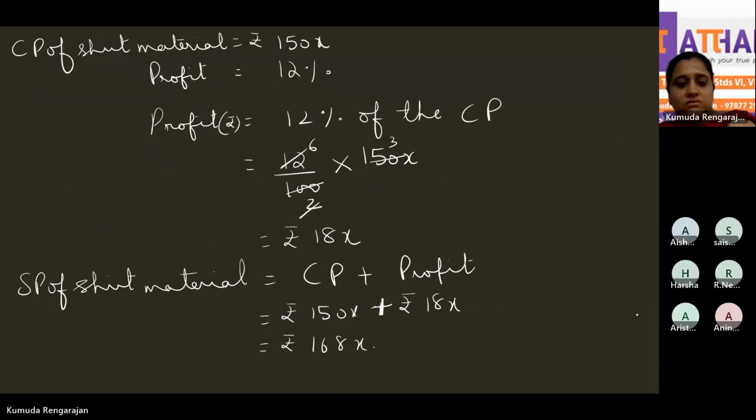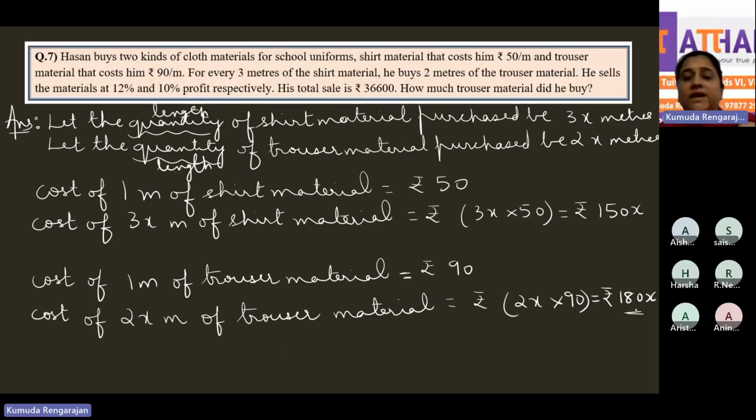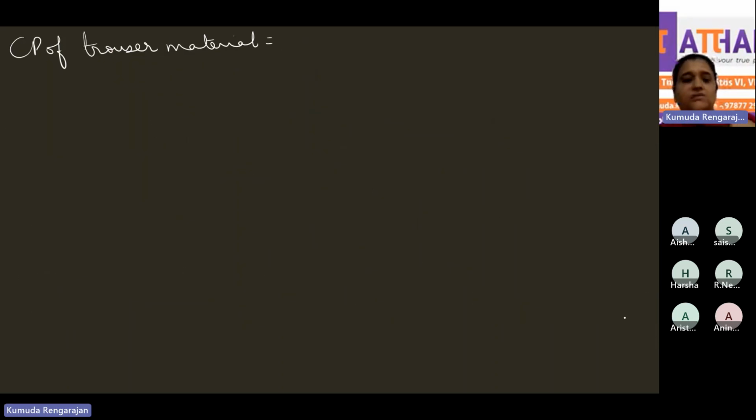Oh, I wrote 150. 180x. Okay, so that is the cost price, rupees 180x. He has spent this money to buy the trouser material. That's his cost price.